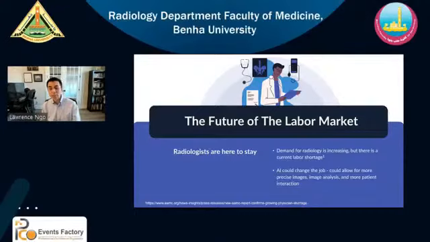The prediction among most experts is that artificial intelligence will change the way we do radiology. It might allow us to do more precise analysis and potentially take away some of the mundane tasks, freeing up our time to do other things, whether it's patient interaction or reading more difficult or more complex studies due to increased bandwidth.